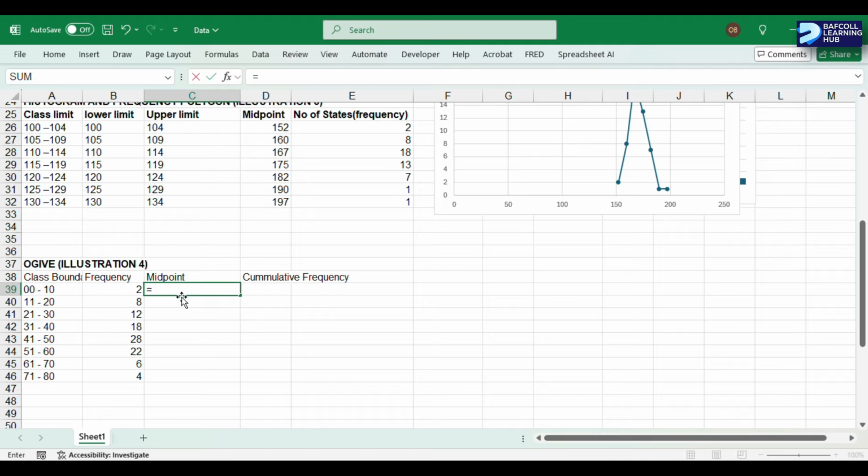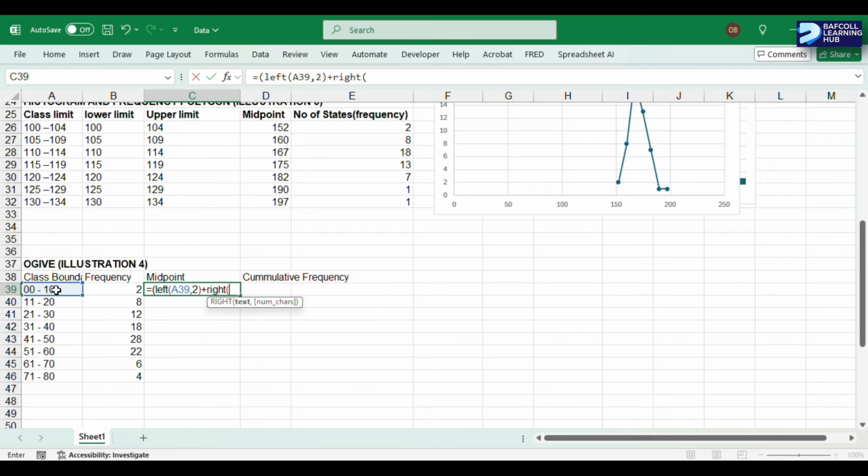Okay, so I'll just enter my formula for the midpoint. So equal to my left, this plus the right, so plus the upper class boundary. Let me see if I'll get it.